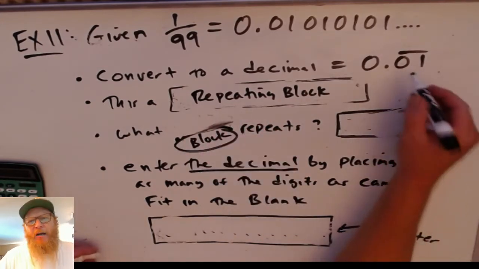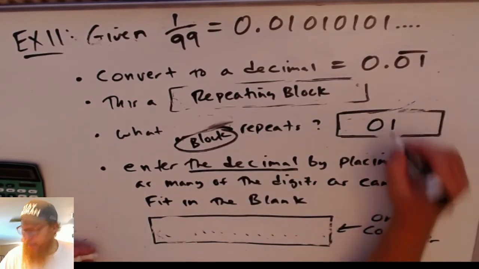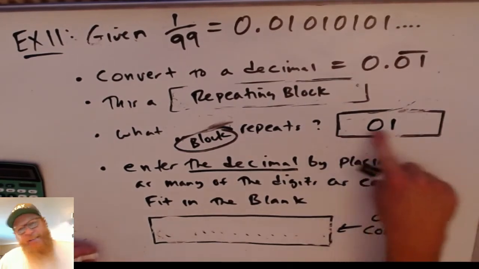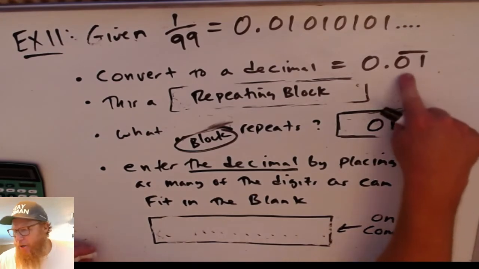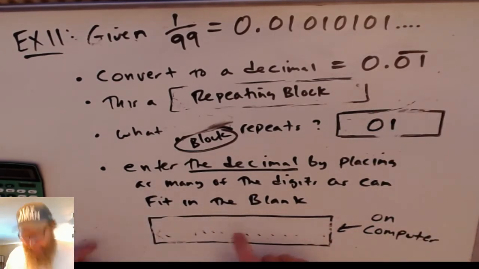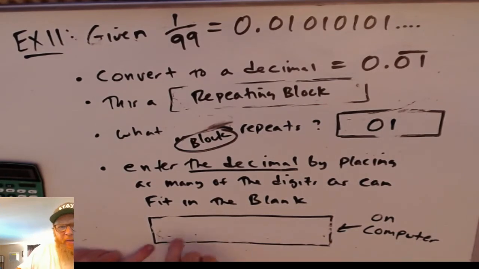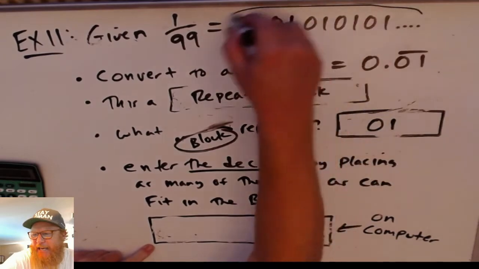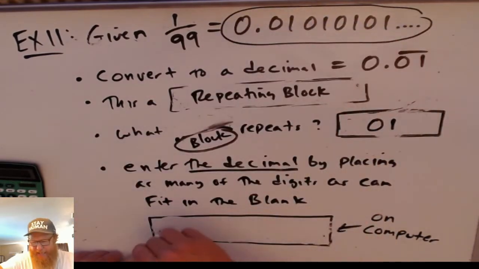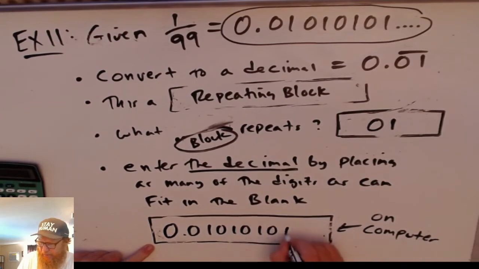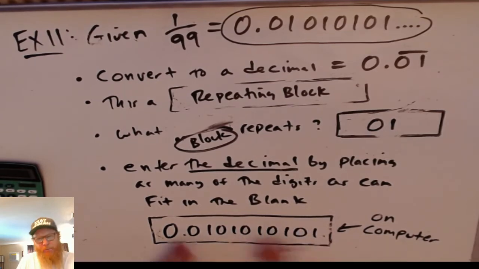The block that repeats is just 0, 1. You don't need to put the decimals in this answer. I just want to know what is the block that actually repeats. Down here, you should put the actual decimal like you did way up here at the top. You're basically just taking this from the beginning and bringing it down here. 0.0101010101, and when you run out of space, that's fine.